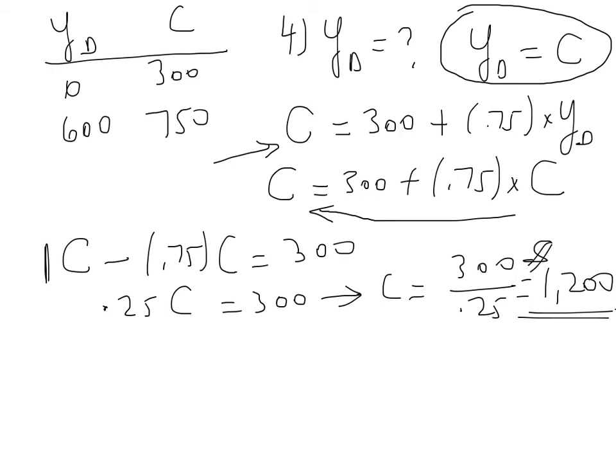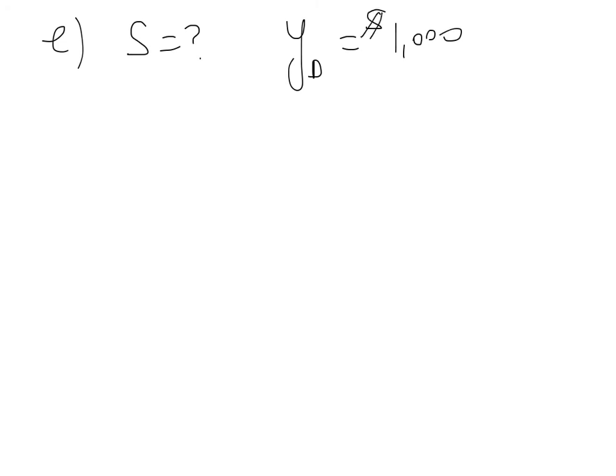Okay. Now suppose you have another question, E. It asks you, how much is your savings? S stands for savings. If you make YD equals $1,000, your disposable income is $1,000 a month.